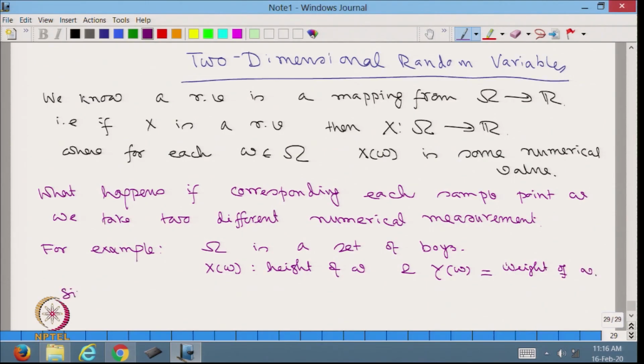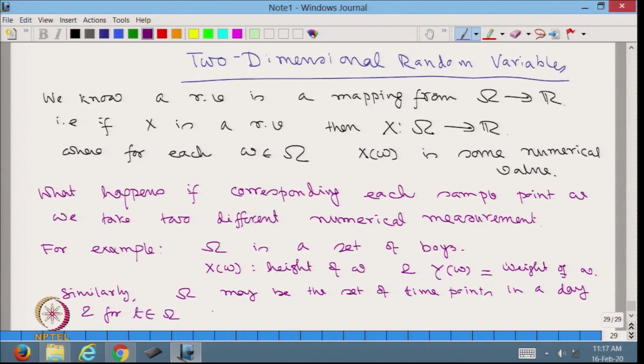Similarly, omega may be the set of time points in a day, and for t belonging to omega, x of t is the temperature and y of t is equal to humidity at time t.